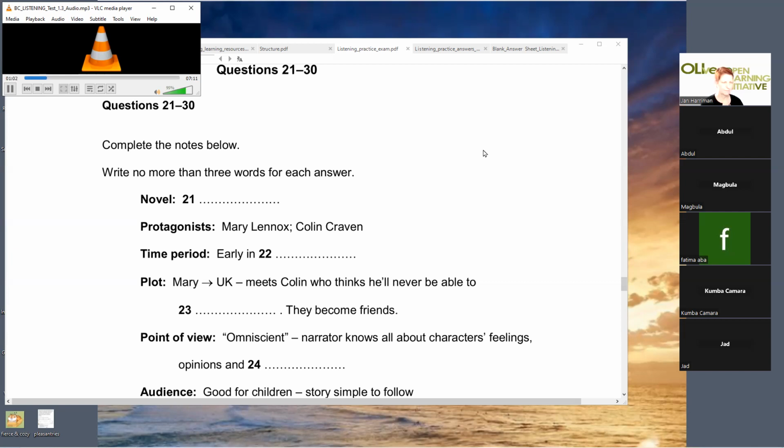Okay, so the story follows two key characters. You should refer to them as protagonists, who go by the names of Mary Lennox and Colin Craven. The story is set shortly after the turn of the 20th century, and the narrative tracks the development of the protagonists as they learn to overcome their own personal troubles together. That's quite a common storyline, isn't it?